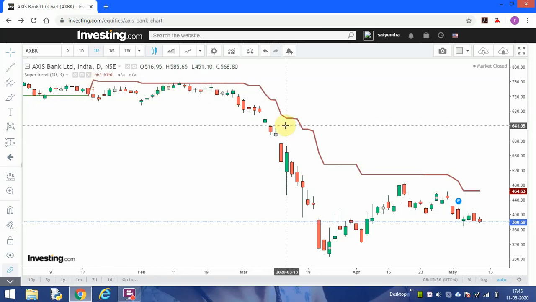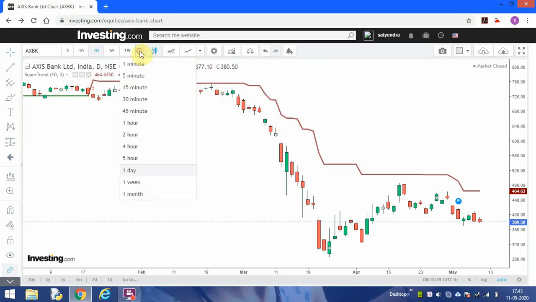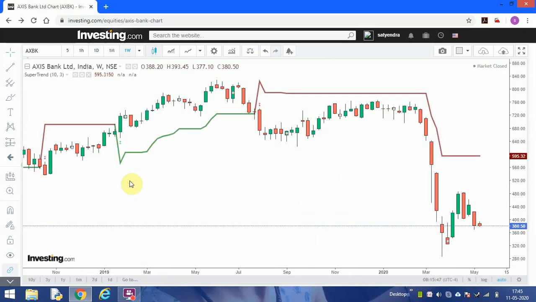So this stock is overall bearish. Then again you go on the weekly chart, see it is bearish. So this will help you in sync trading, Supertrend.